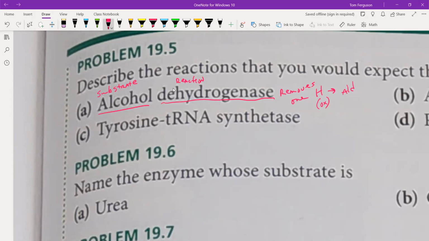And we can do further reactions if we had an aldehyde dehydrogenase, which removes one hydrogen from the aldehyde, forming an acid. And as I said numerous times in this lecture and last week as well, this is how your liver detoxifies alcohol when you're drinking.